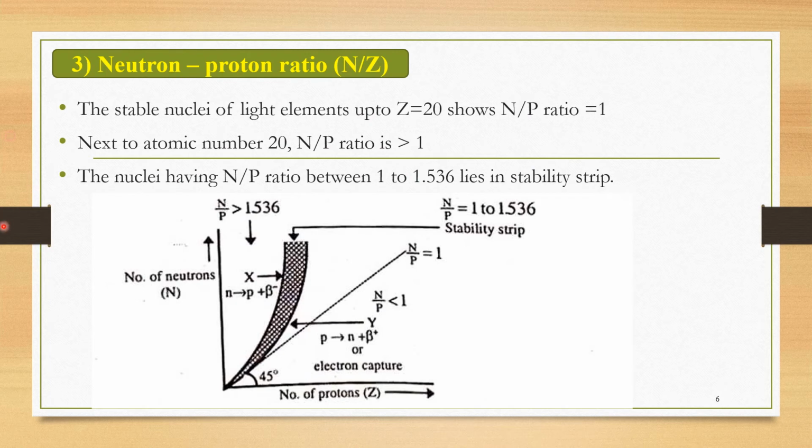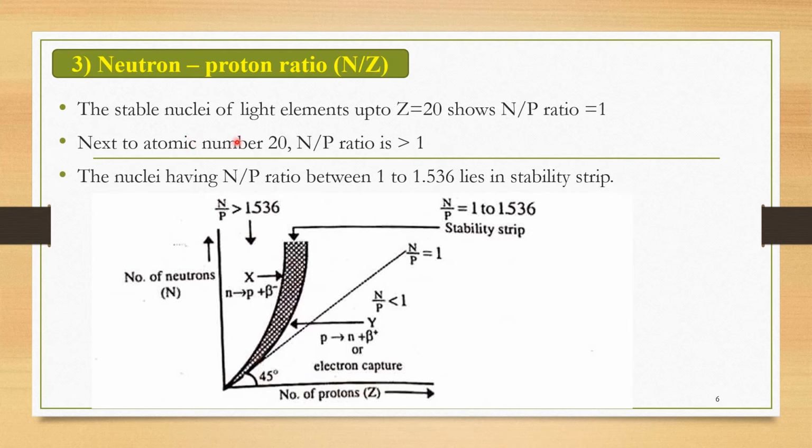So these are the four types of nuclei, and this is a second important factor. The third important factor which affects the stability of the nuclei is the neutron-proton ratio, that is the N by Z ratio. Now, how does this neutron-proton ratio affect the stability of the nuclei?